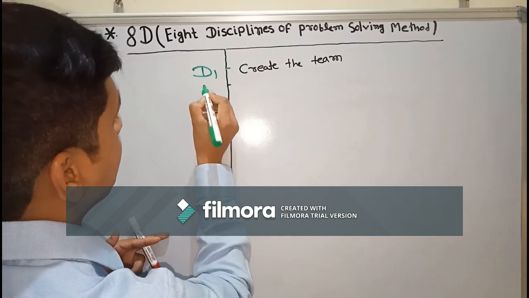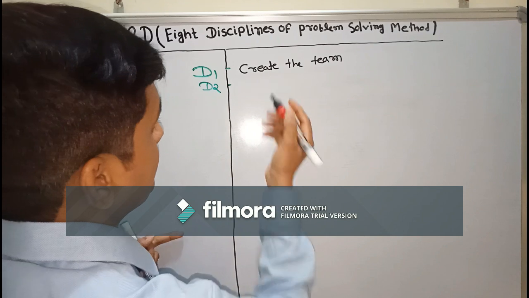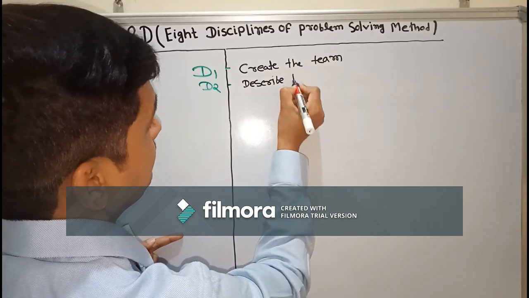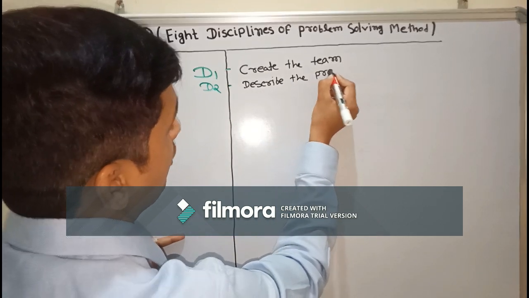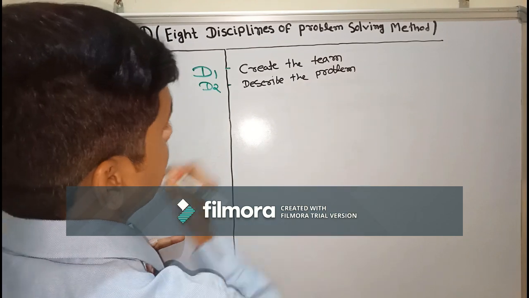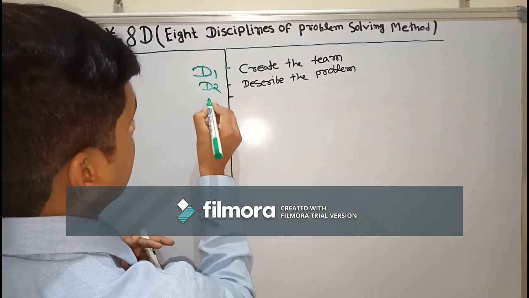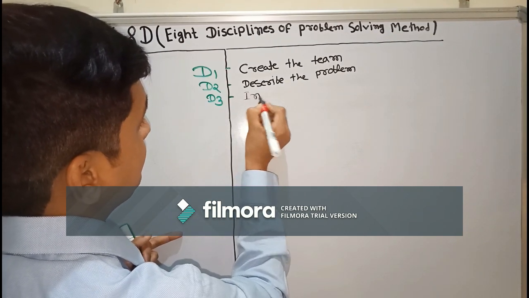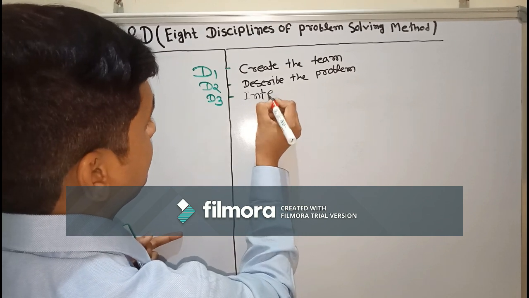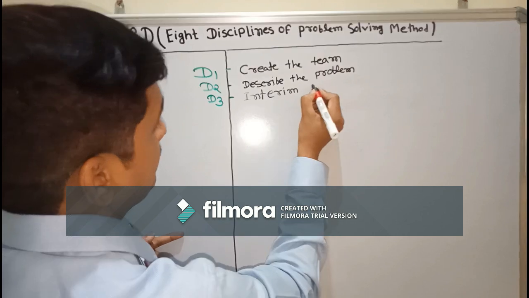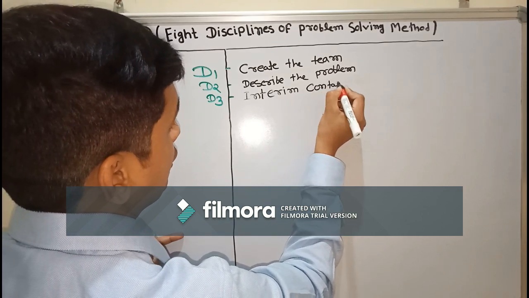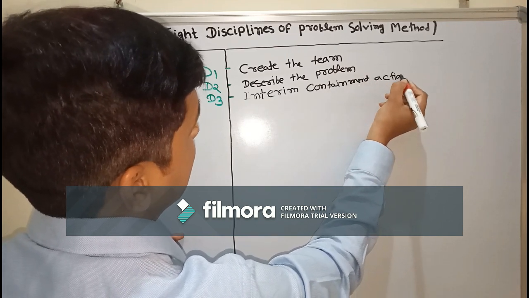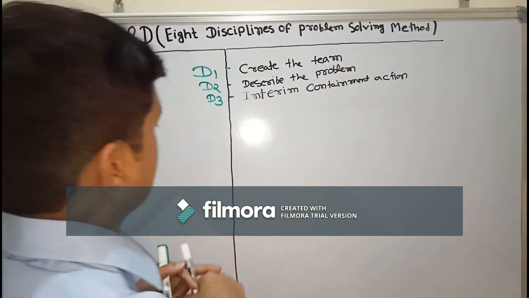D2 is describe the problem. D3 is interim containment action, which is also sometimes called temporary action or correction.